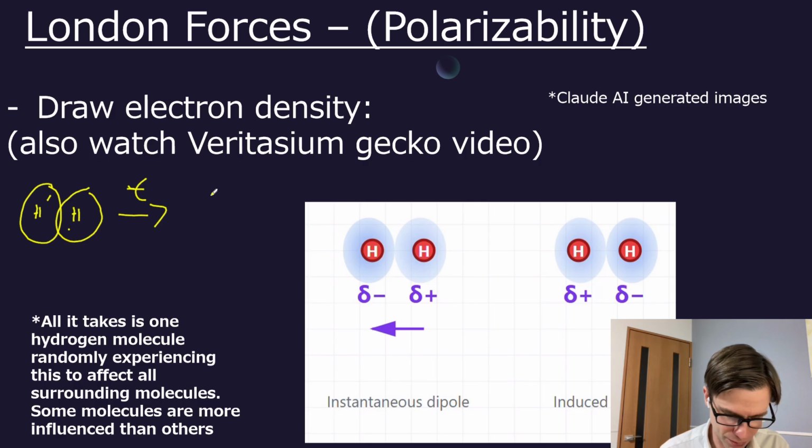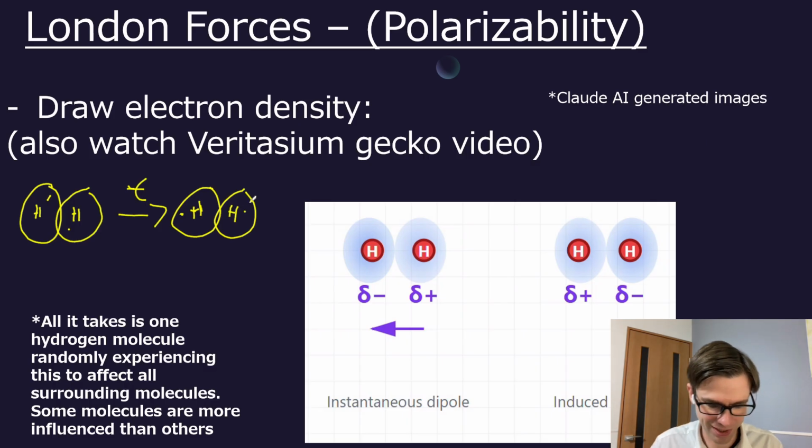The electron moves around. What are we going to have? Could be anything really, but maybe I'll just say the electron is more on the left now, more on the right. This is probably a less likely state because they're not in between the nuclei, but still it's very balanced. In terms of up, down, left, right, there's not more electron density one way or the other.